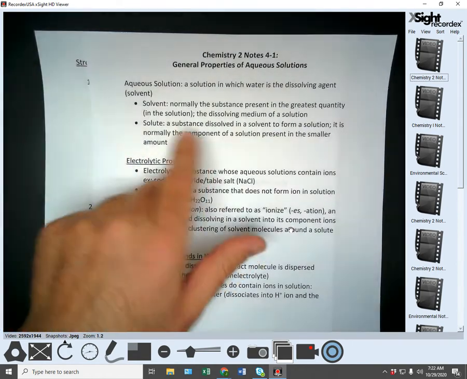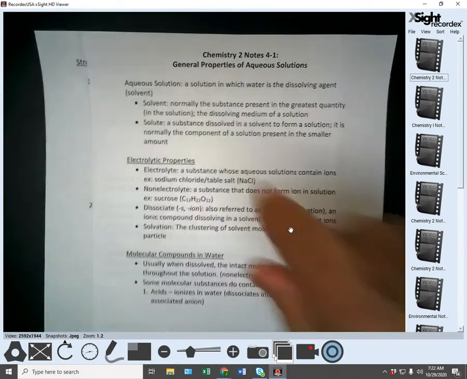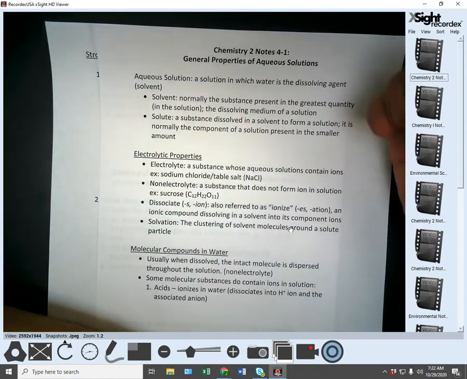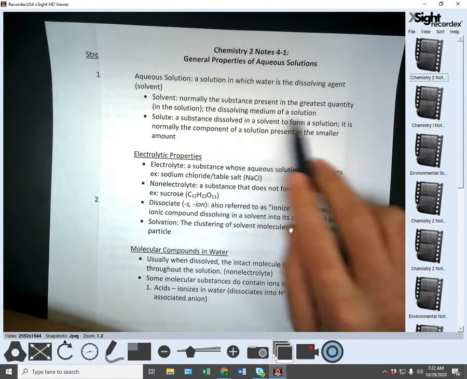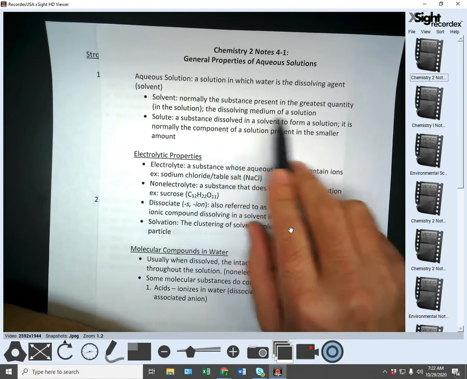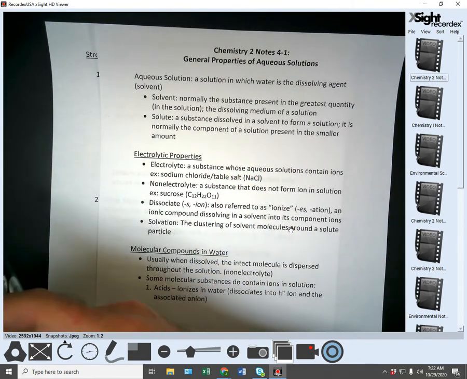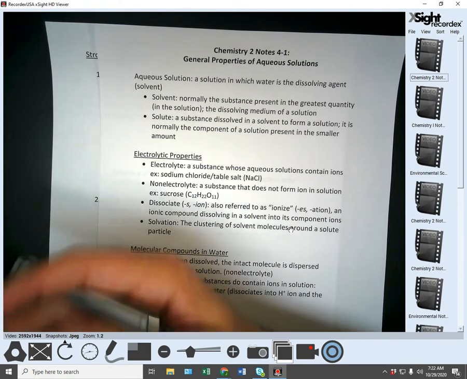The solvent is normally the substance present in the greatest quantity. I usually think of it as the dissolving medium of a solution. So you dissolve salt in water. Salt is the solute, water is the solvent.